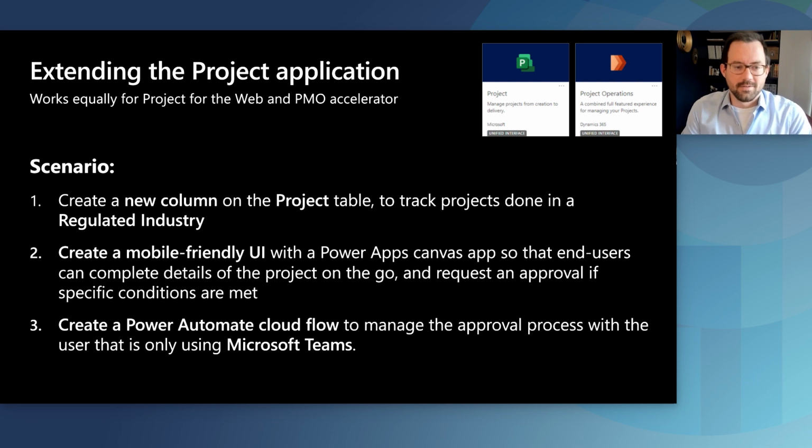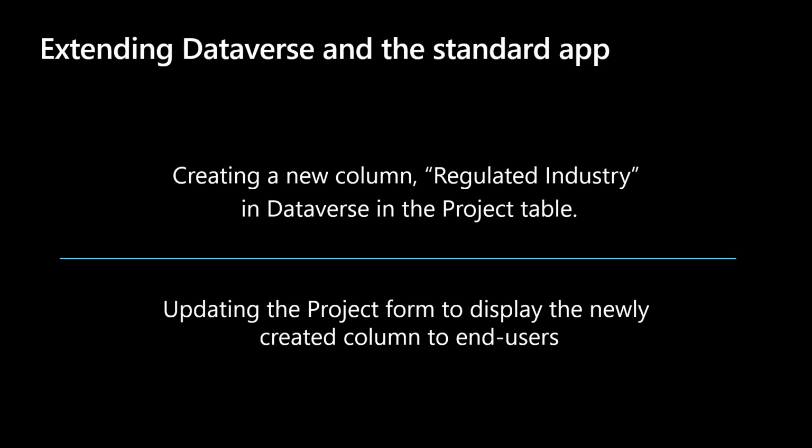I will then create a mobile-friendly UI with the Power Apps Canvas apps so that end users can complete details of a specific project on the go and request an approval if specific conditions are met. And I will create a Power Automate Cloud Flow to manage the approval process with the user only using Microsoft Teams. So let's first start on the Dataverse side and with the standard Project Operations application.